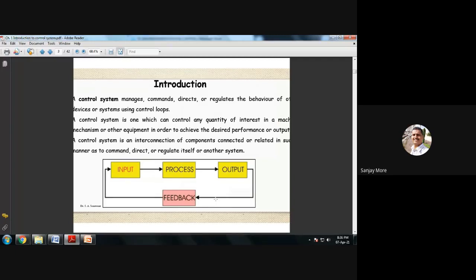So write down, in control system, introduction of control system.